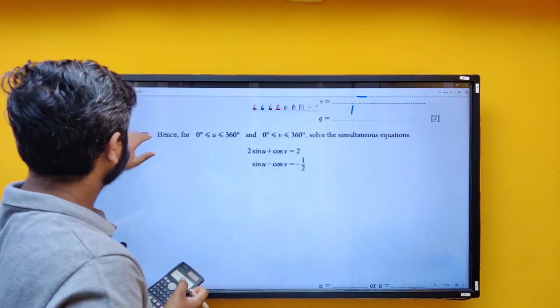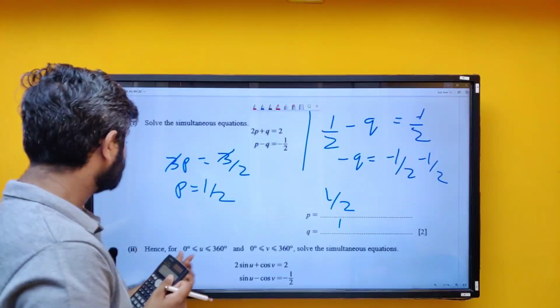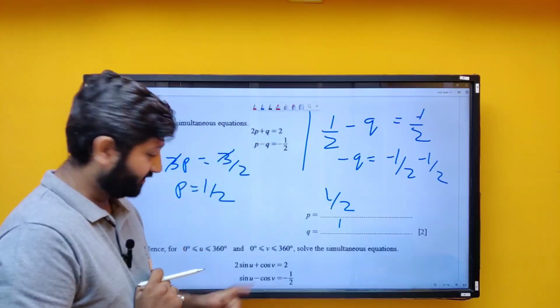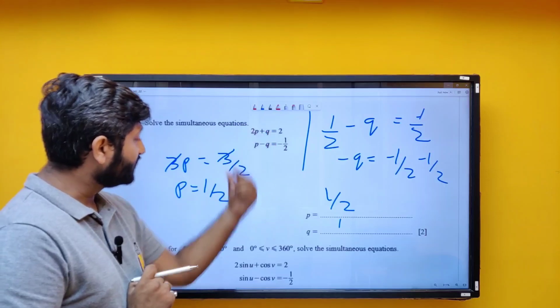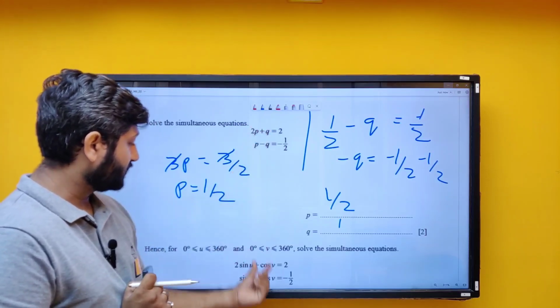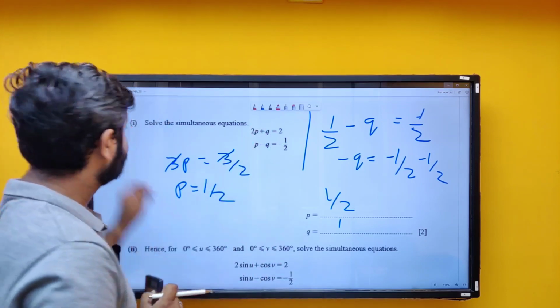Next, hence solve the equation, okay, where U is between 0 and 360 and V is between 0 and 360. I think this is the same equation. Instead of P you have sin U, and instead of Q you have cos V. So 2 sin U plus cos V equals 2, and sin U minus cos V equals minus 1.